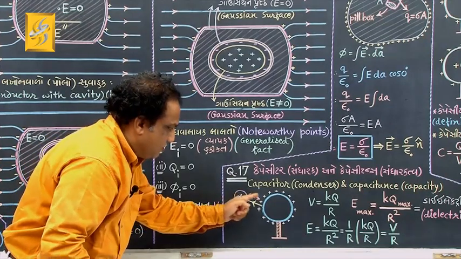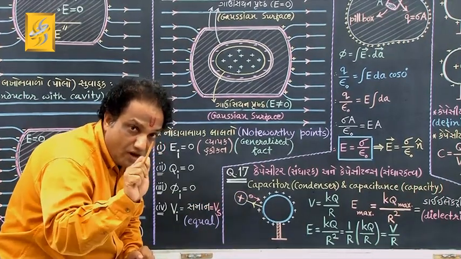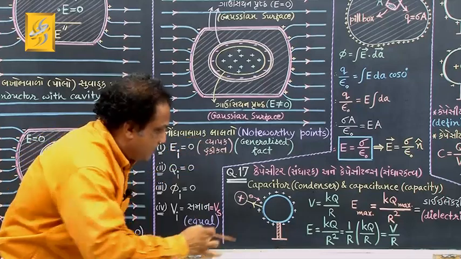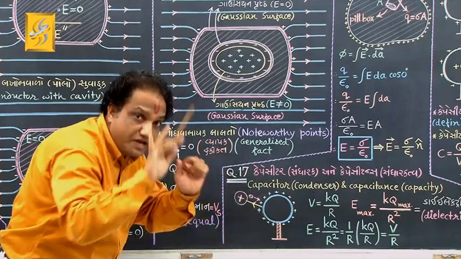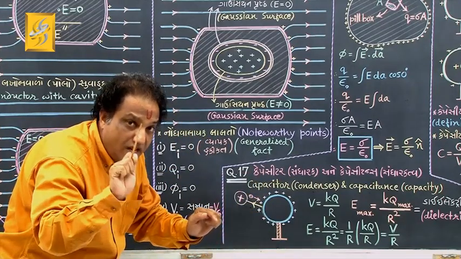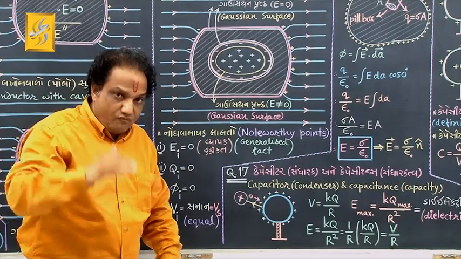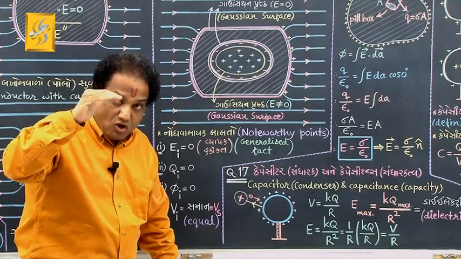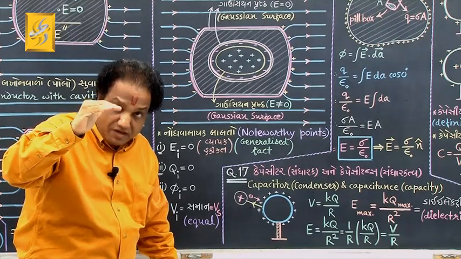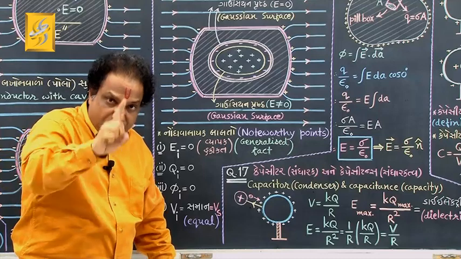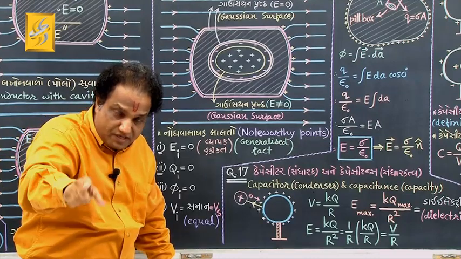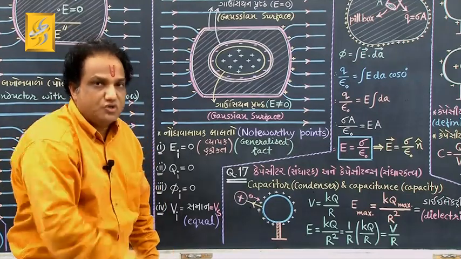So if the electron neutralizes this positive charge, then what will happen? The quantity of electric charge on this surface will go on decreasing, and that process is known as leakage of charge. Leakage of charge. So what I mean to say, when you try to deposit charge on the surface of the sphere more than a certain limit, the leakage will start and you cannot deposit any more charge.